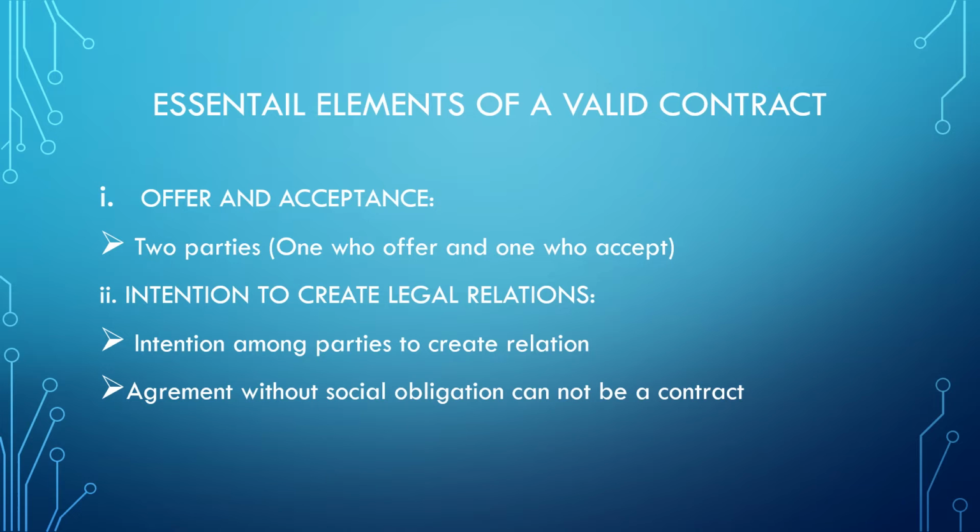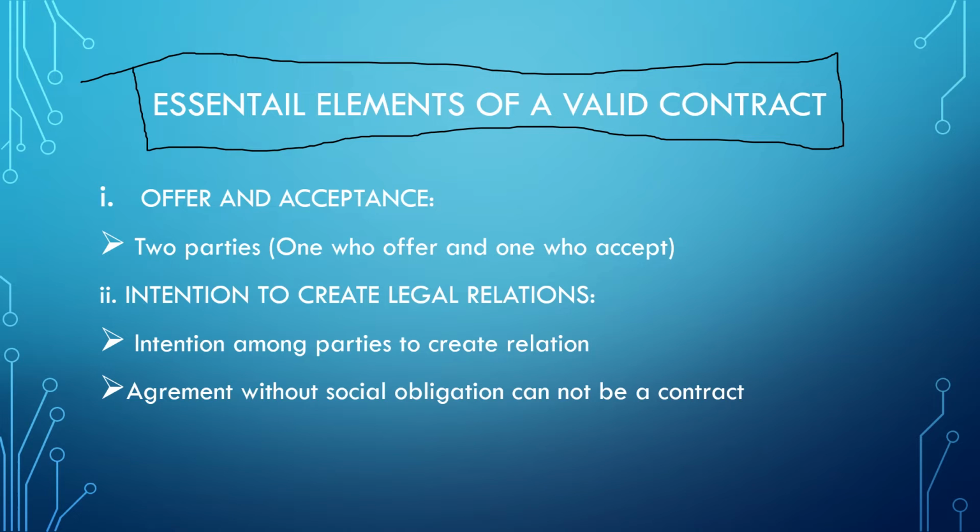And the next one is a very important question: the essential elements of a valid contract. In the Madras University syllabus it is a most important question. In legal aspects of business for the BBA degree, and in the business law subject for the BCom degree, it is a very important topic. Whether for 10 marks or 5 marks, there is no question paper without it.